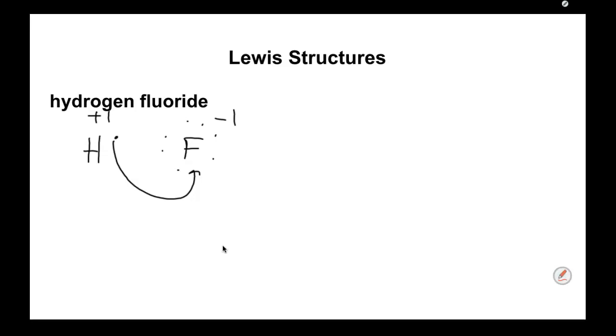Here's the problem. That can't happen because both of these are nonmetals. Two nonmetals have to share electrons. Remember, hydrogen is not a metal. It's on the left side of the staircase, but it's the only nonmetal that's allowed to be on that left side.